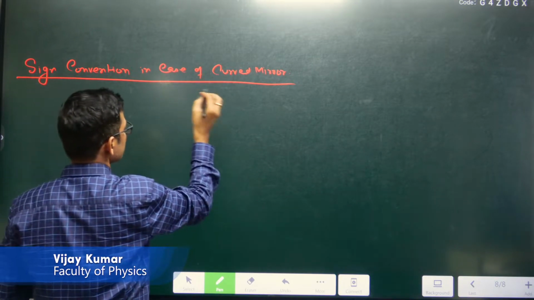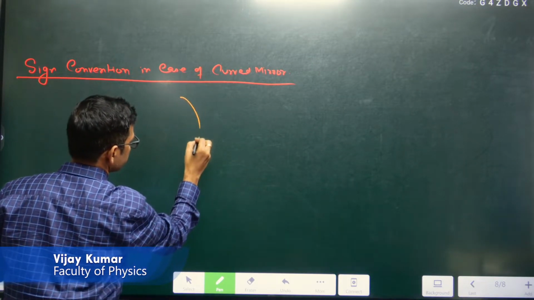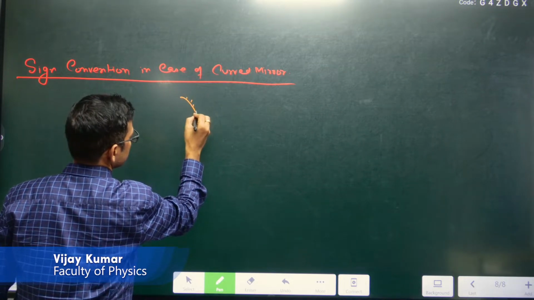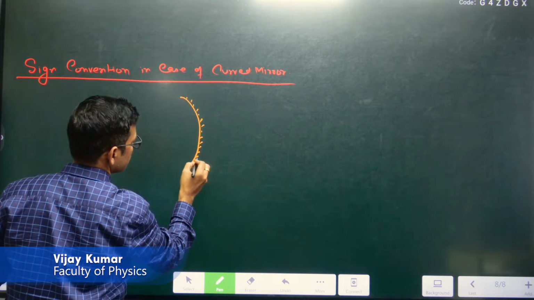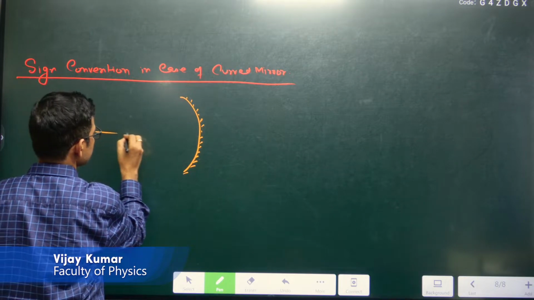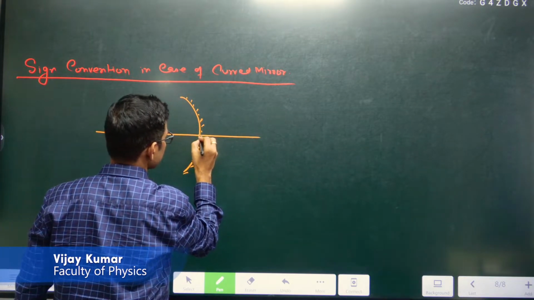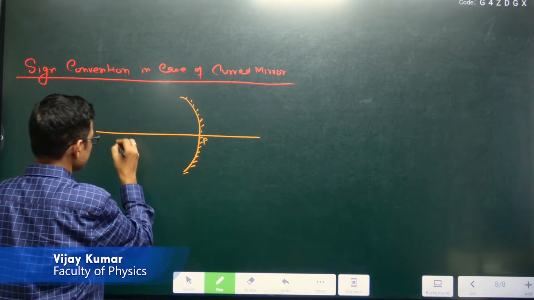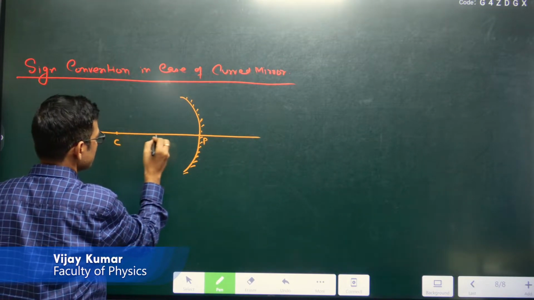Suppose we plot the concave mirror. So this is your principal axis, this is the pole, this is the center point of the mirror, this is your center of curvature, and this is the focus.